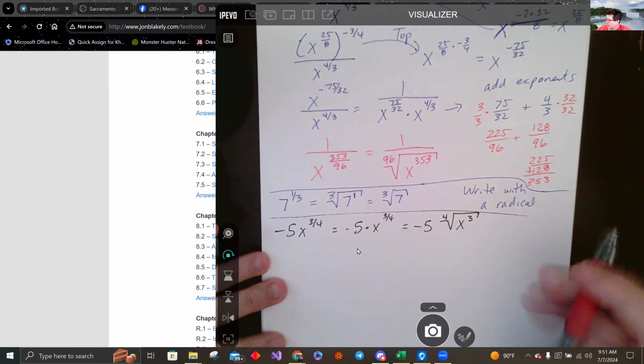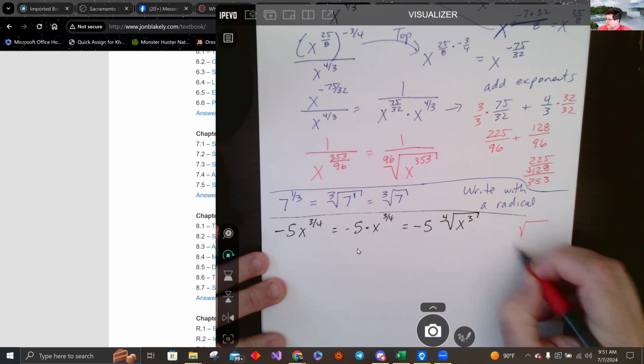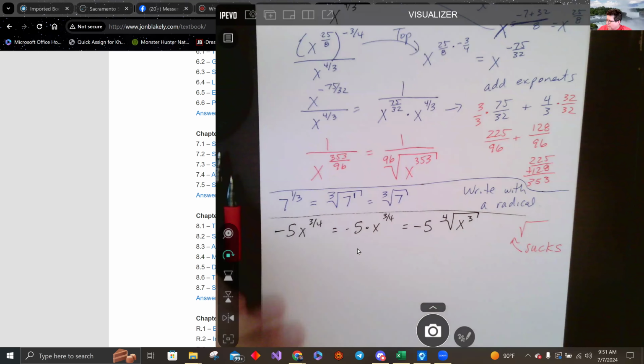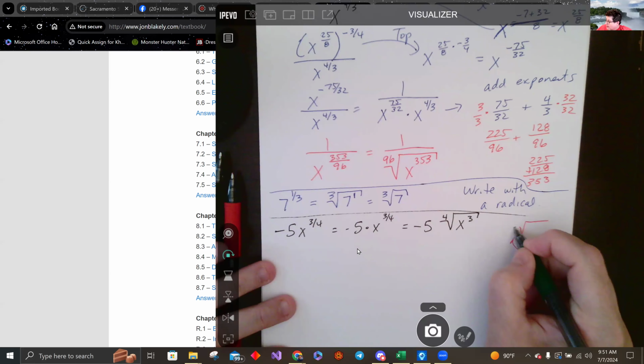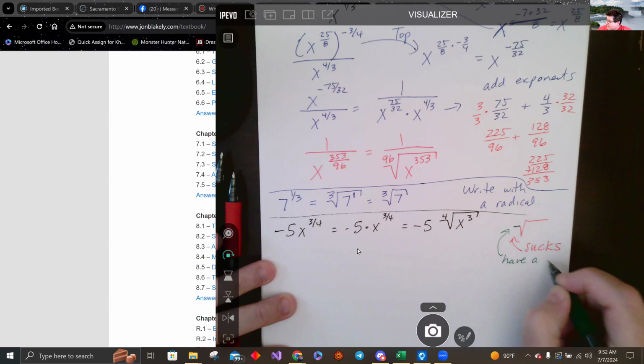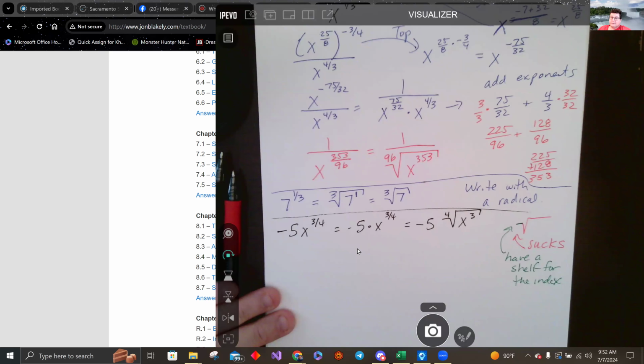Some people do write radicals really quick like that. This sucks. You want to have a shelf right there, a shelf for the index. You really do.